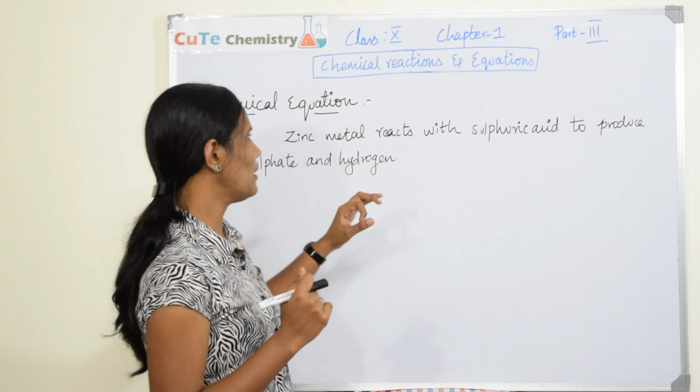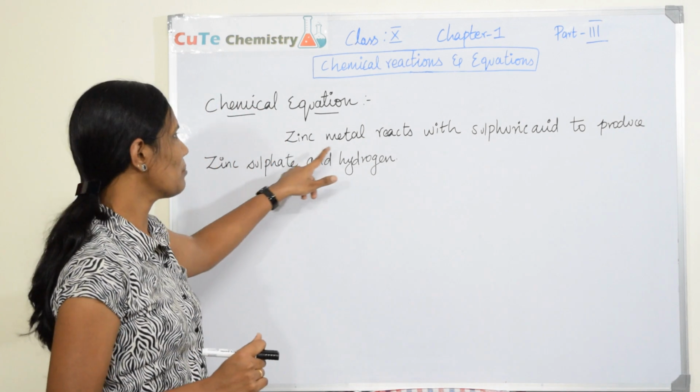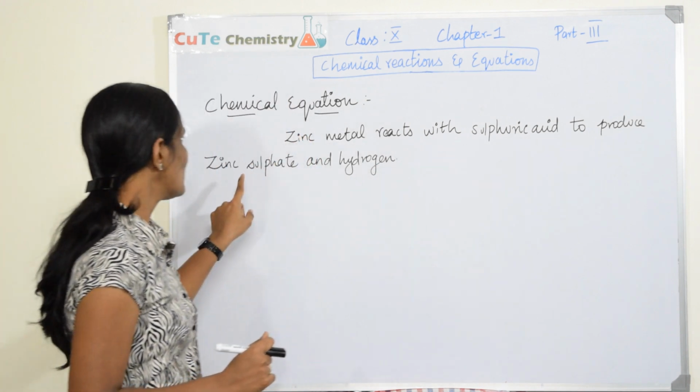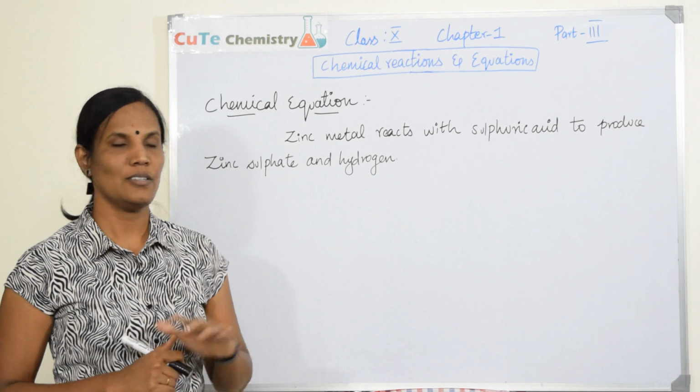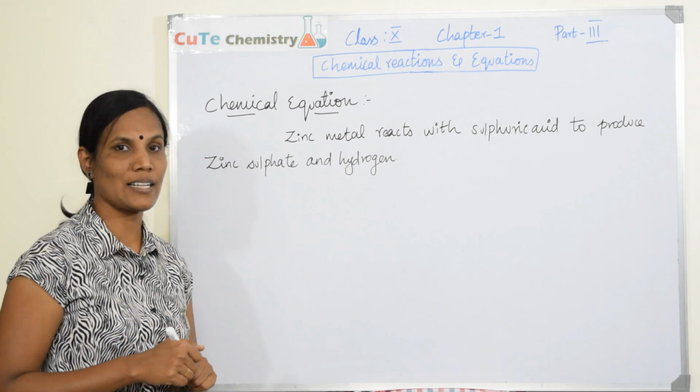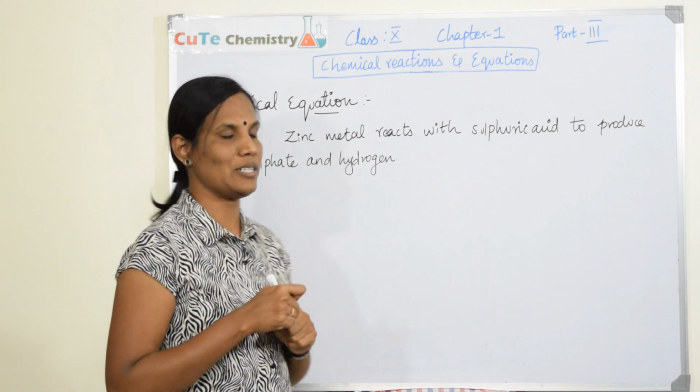So let us take one example. Zinc metal reacts with sulfuric acid to produce zinc sulfate and hydrogen. So this is the reaction. Now I am going to represent this reaction in the form of a word equation.